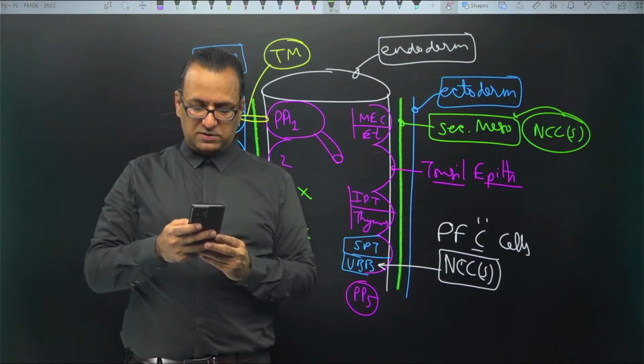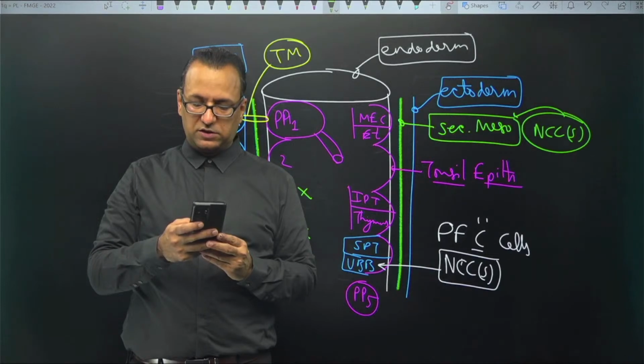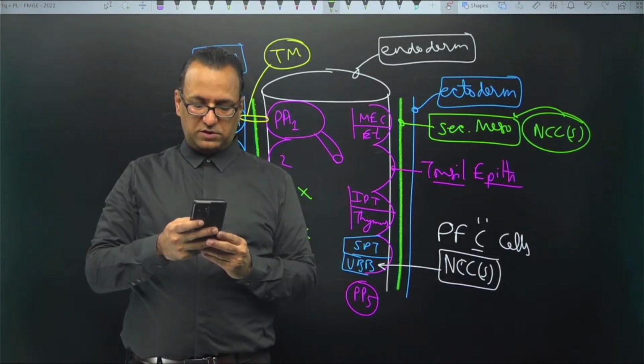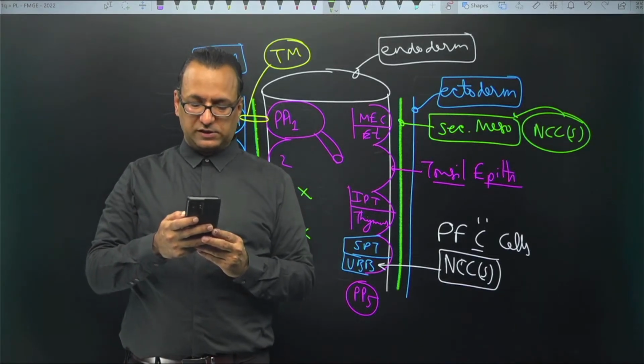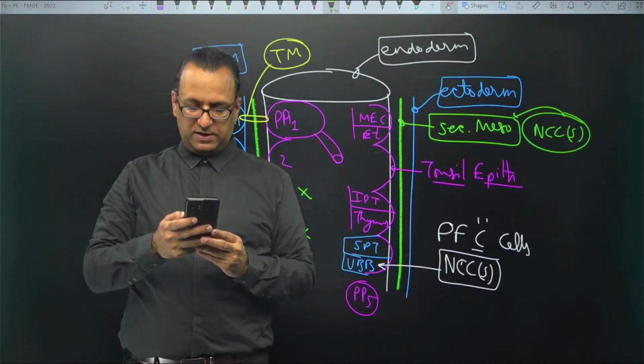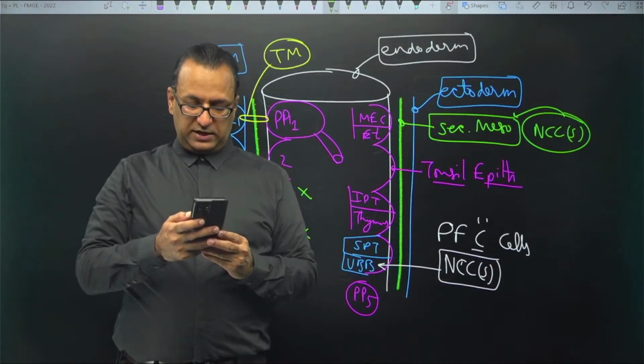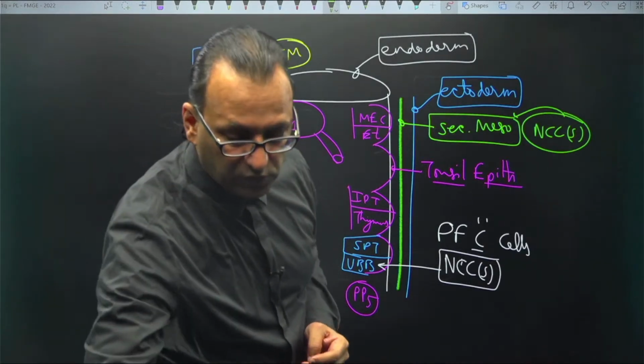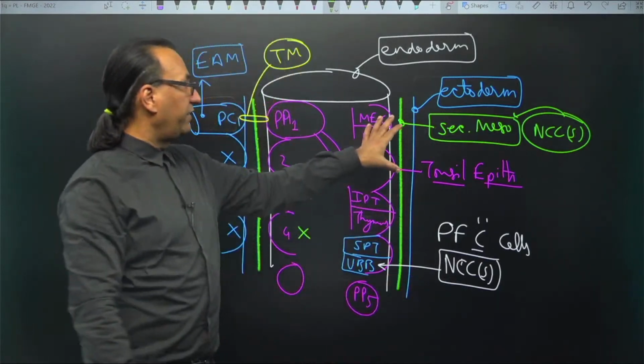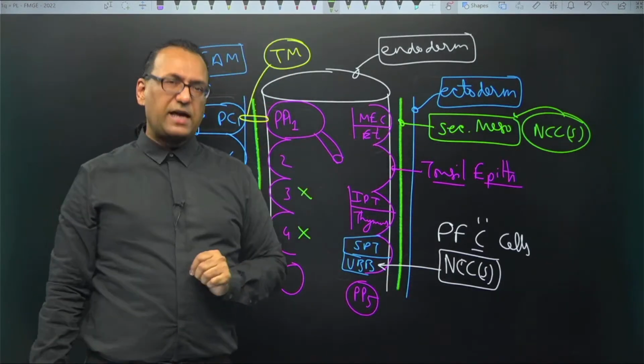Okay, mastication muscles. Yes, they are important actually. So, as I was talking about the first pharyngeal arch derivative, the muscles, they are muscles of mastication.